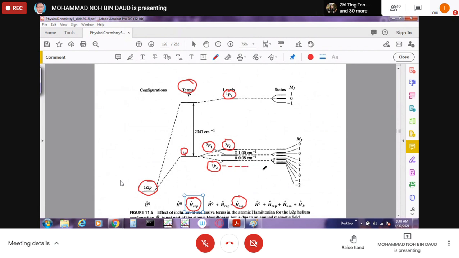And we can remove this degeneracy of these levels by applying an external magnetic field. This is the Zeeman effect, actually, you learned in physical 1. So with this additional term in the Hamiltonian, we remove completely the 2J plus 1 degenerate states into different Mj.